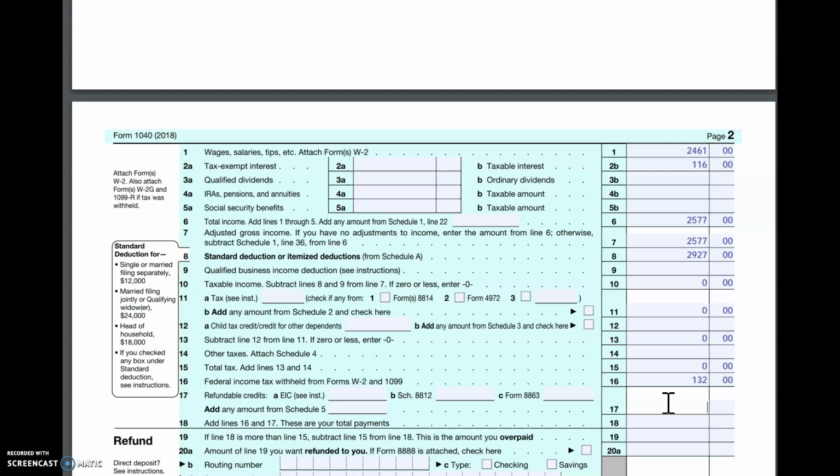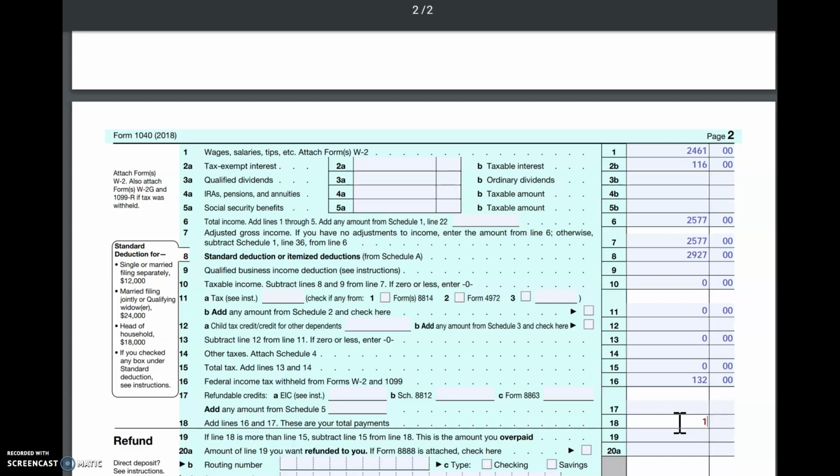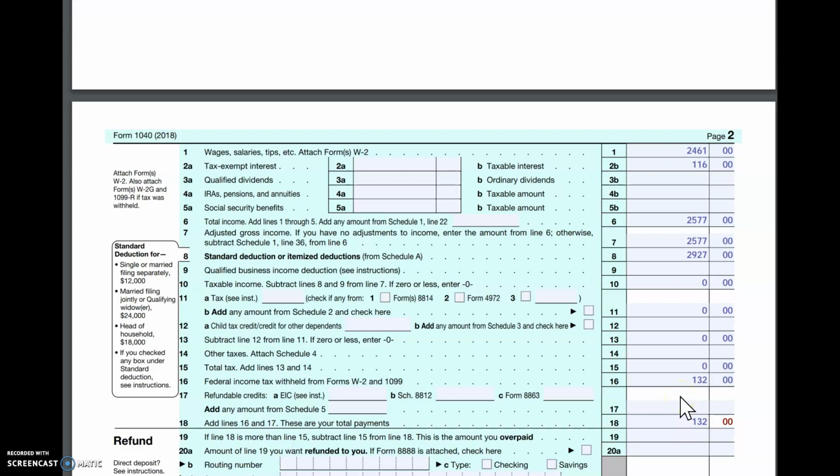Line 17, refundable credit. Well, Josh didn't have any refundable credit, so we're going to leave that blank, and we're going to go to line 18. Line 18, add lines 16 and 17. Well, we had 132 on line 16, and 17 was blank, so 132. Line 19.